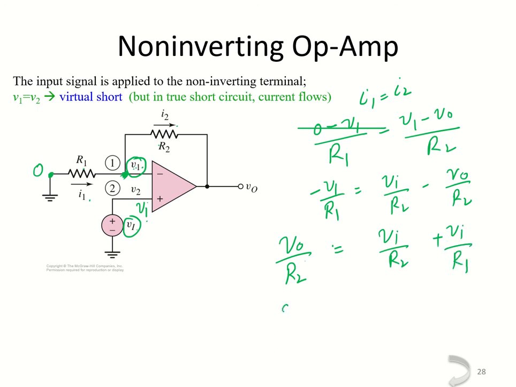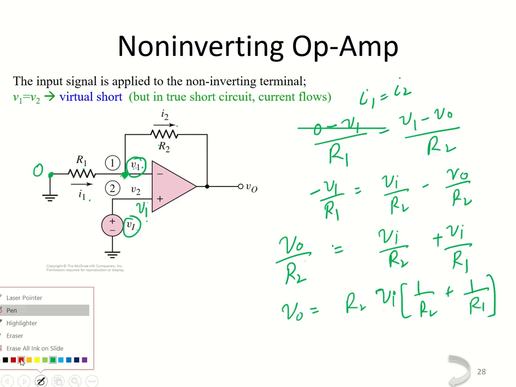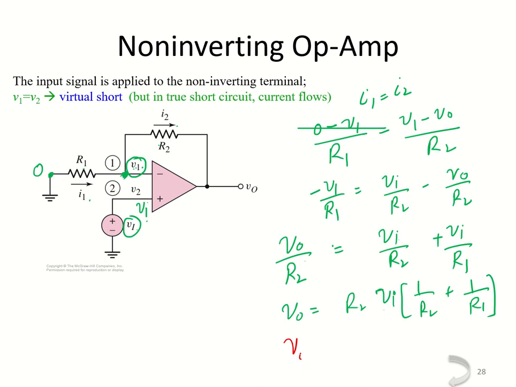Or we can write V0 is equal to R2 times V1, which is common, times 1 over R2 plus 1 over R1. So just take V1 common. If you multiply R2 inside, this R2 and this R2 will be cancelled out.